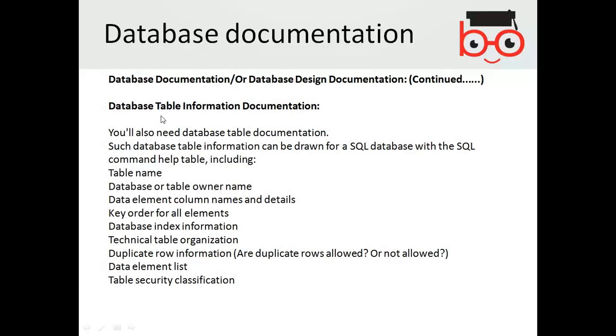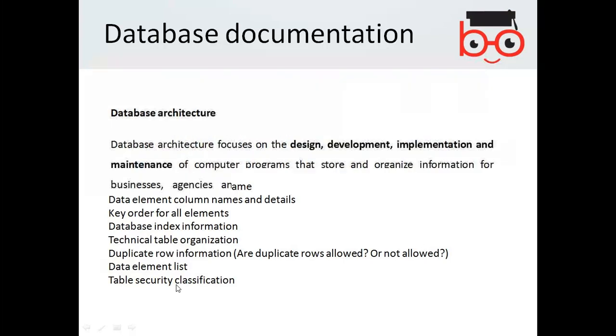Database table information documentation. You will also need database table information. What is that? Basically, it is the table name, a database or table owner name, data element column names and details, key order of all elements, database index information, technical table organization, duplicate rows information, whether you allow duplicate rows or not, data element list, and table security classification.